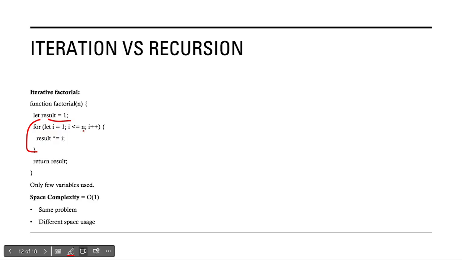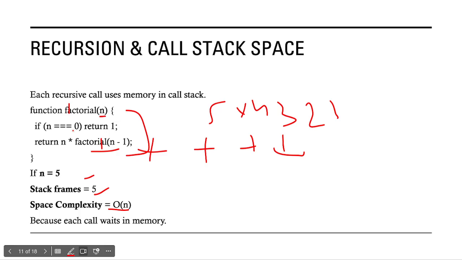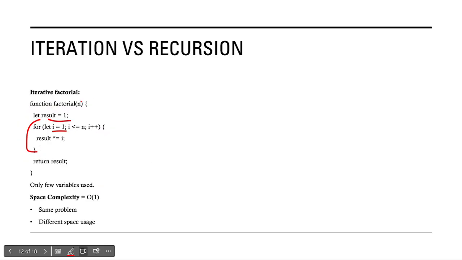So here we only use result and an i variable. No recursion, no call stack growth, so the space complexity stays Big O of 1. Same problem but different space usage. This is why space complexity matters. Here we get Big O of n, and here we get Big O of 1.